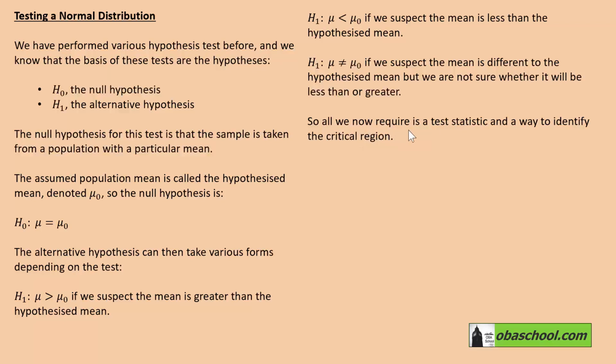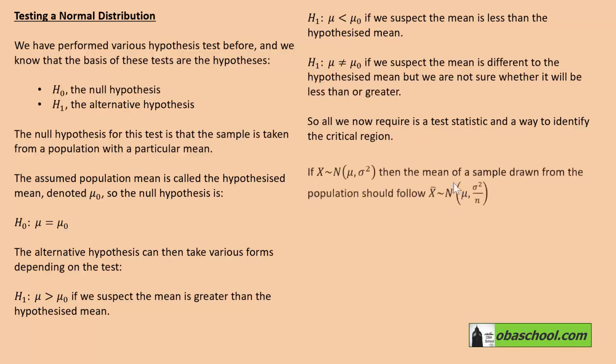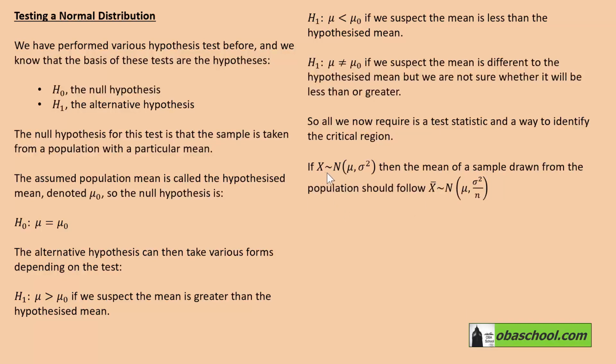So all we now require is a test statistic and a way to identify the critical region. If X follows a normal distribution with mean mu and standard deviation sigma, and therefore variance sigma squared, then the mean of a sample drawn from the population should follow X bar is a normal with mean mu and variance sigma squared over n.